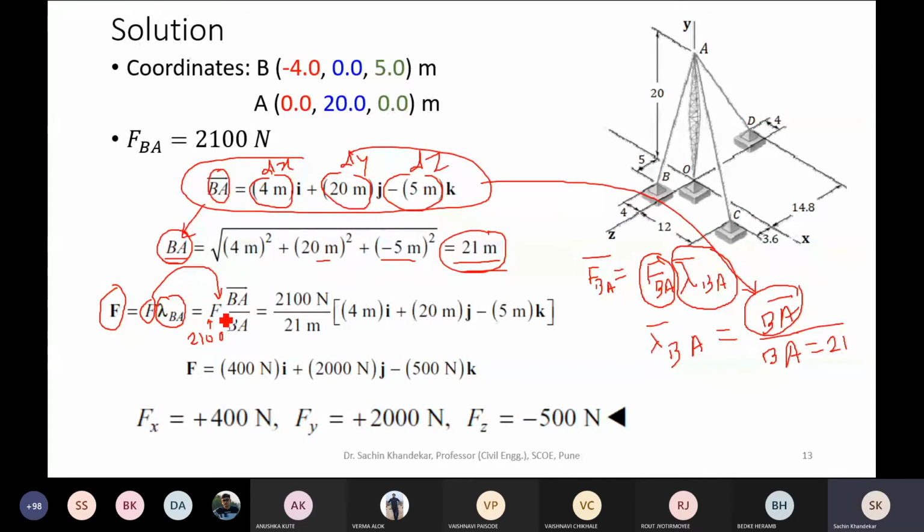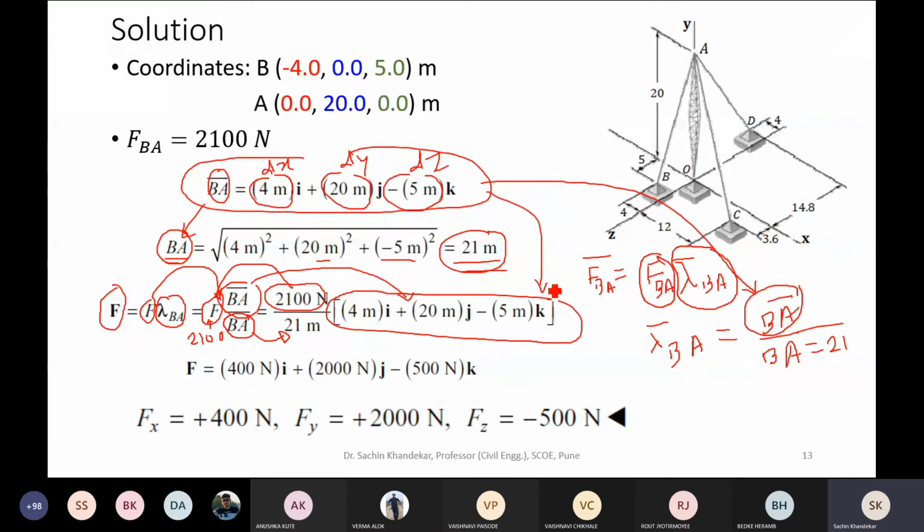So the magnitude of F is written here, 2100 Newton, divided by the magnitude of BA, 21 meter, which is written here, and BA bar is written in this bracket. I hope you are getting what I'm saying. Right? Any doubt till this point?